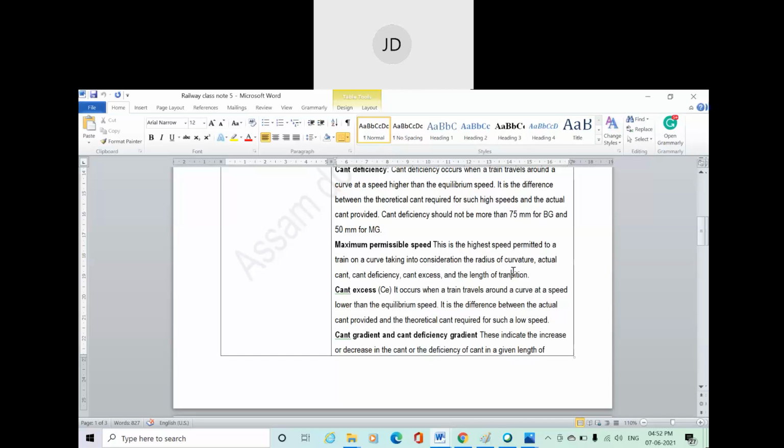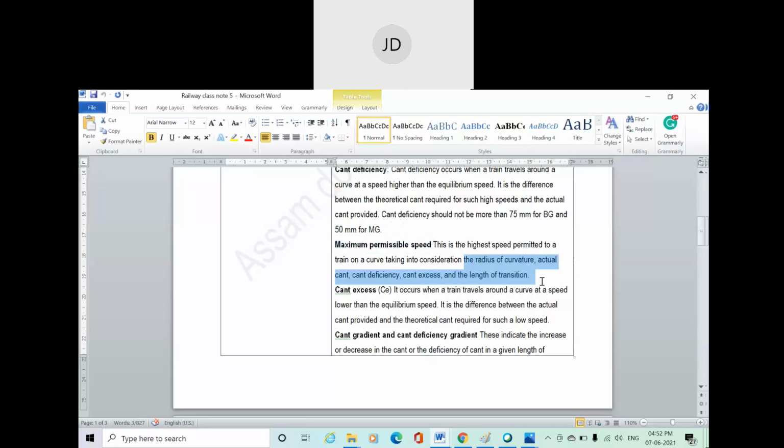If you increase the speed of the train more than this value, there is a chance of derailment or overturning of the train. This is the maximum value that can be achieved by the train when moving along a curve.